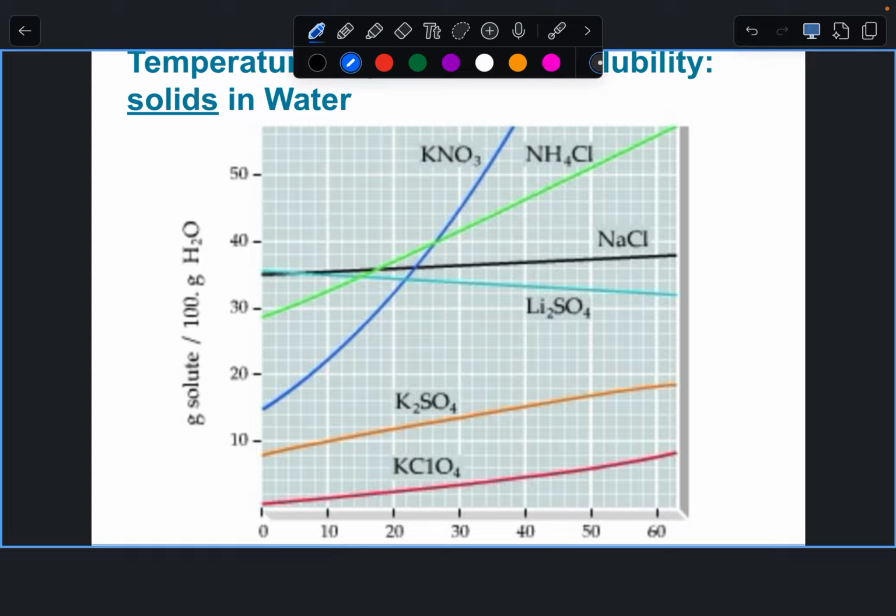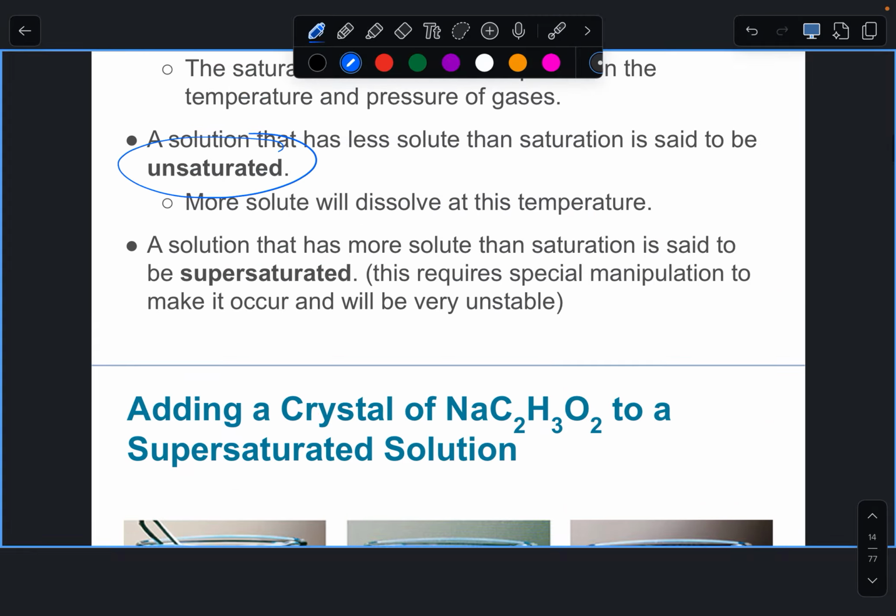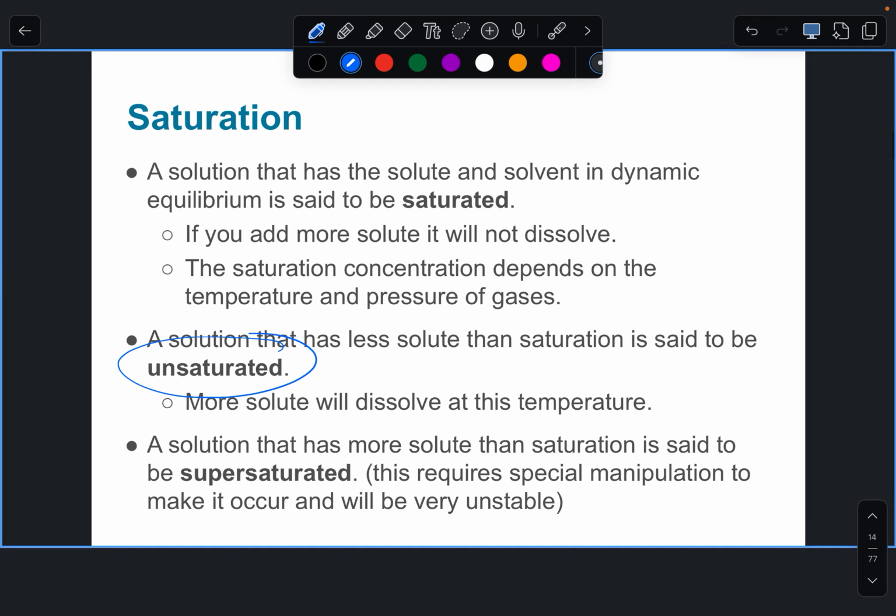So, down here, room temperature, 20 degrees, with these salts, you can have a certain amount. As you increase the temperature, most of them increase, the only one that doesn't is this lithium sulfate. I have no idea why that is, but whatever. Most of them increase the ability to dissolve more. You can dissolve more solid the higher the temperature is. Again, it's easier to dissolve sugar in hot tea than it is in cold water.